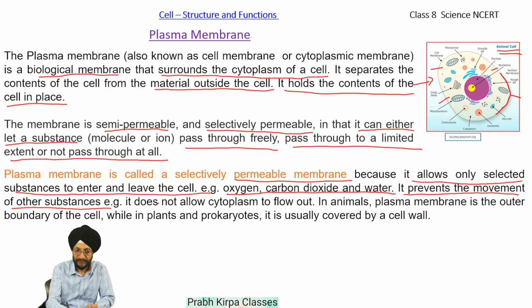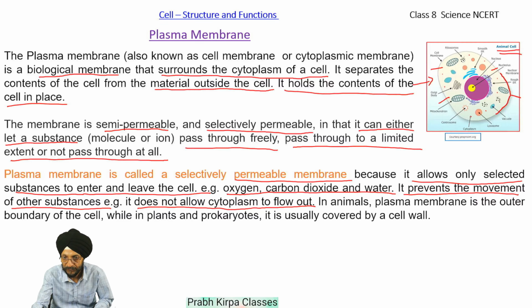For example, it does not allow cytoplasm to flow out. This fluid-like structure is called cytoplasm. So the plasma membrane does not allow the cytoplasm to flow outside the cell.